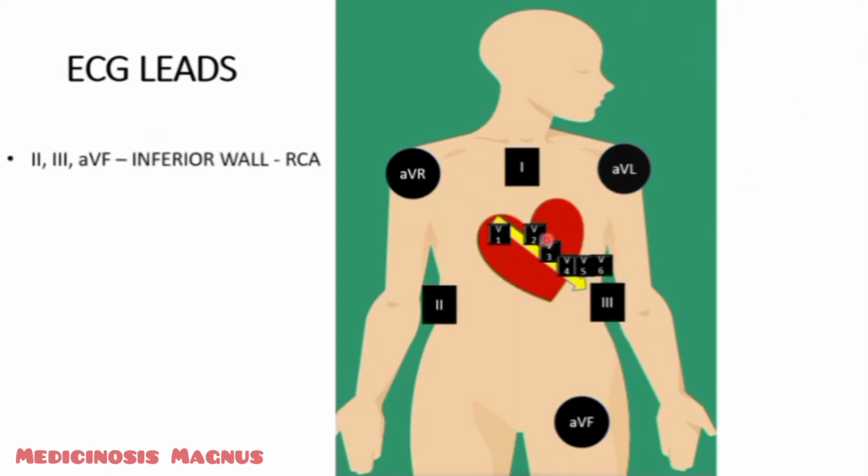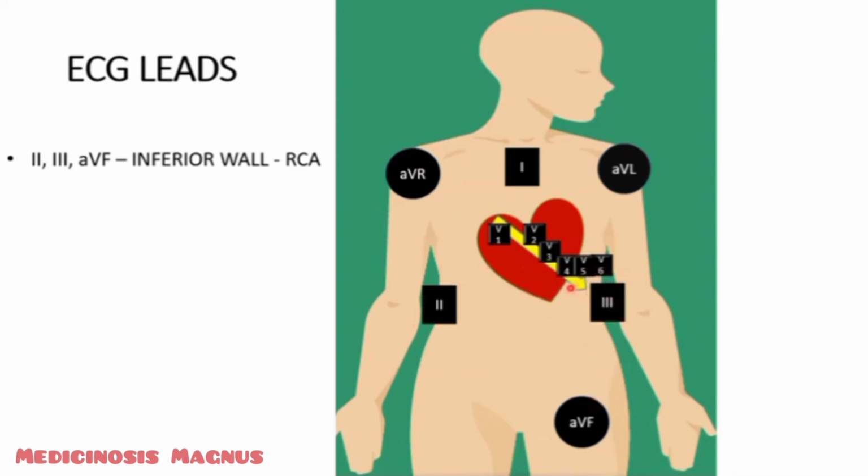Let's see what each lead does in the abnormal patterns of the ECG. Lead 2, lead 3 and lead AVF are placed on the inferior side of the heart. So if there is any problem in the inferior wall of the heart, these leads will be abnormal.